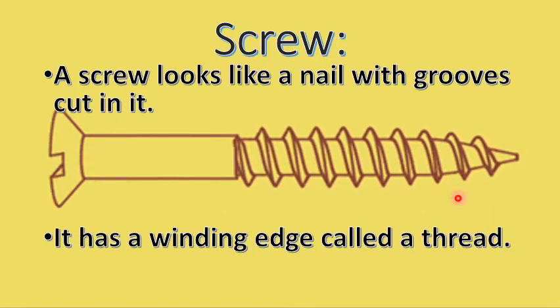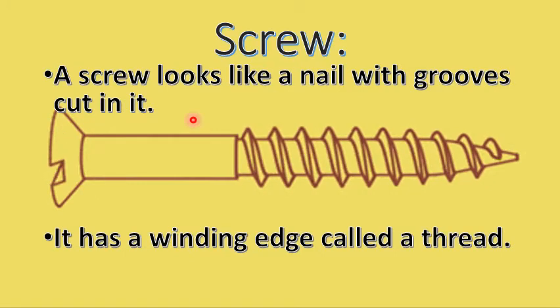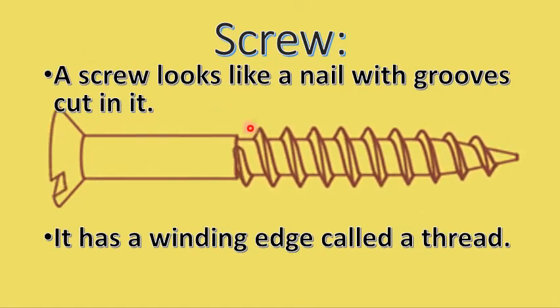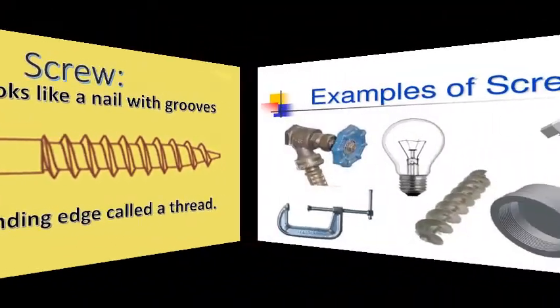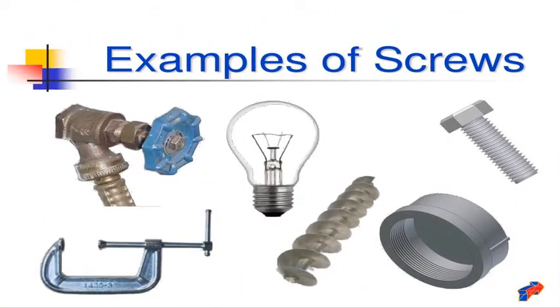What are these? These are the threads. So a screw can never be complete without thread. So how do we use a screw? We use the screw by turning it round and round. By the circular movement, we can fix it somewhere.